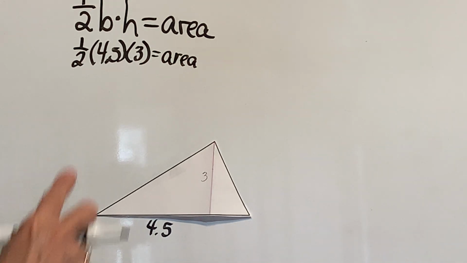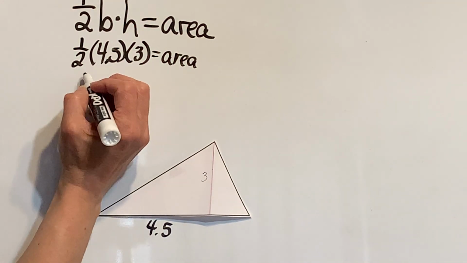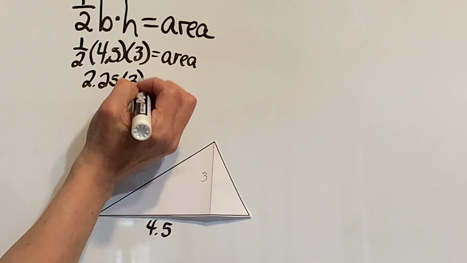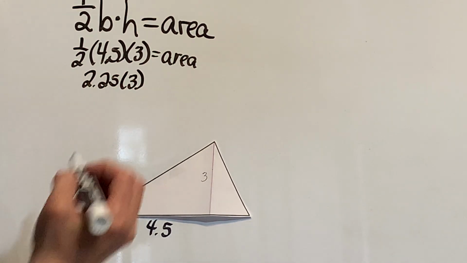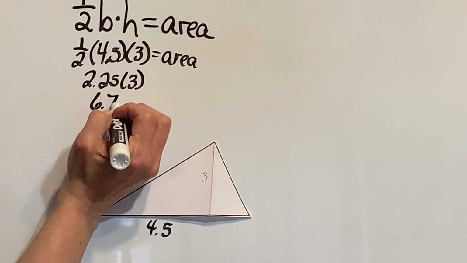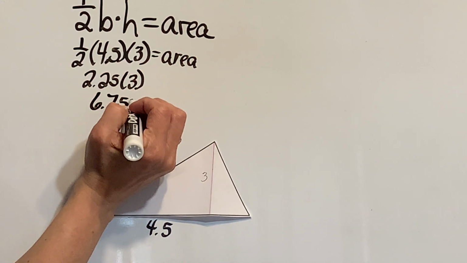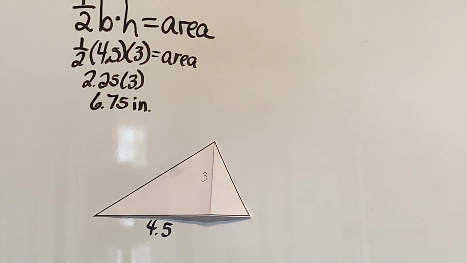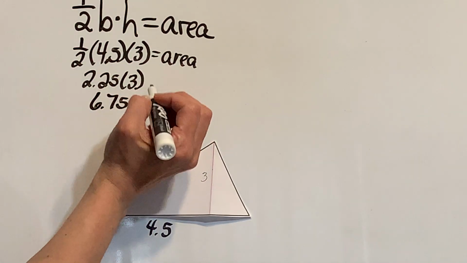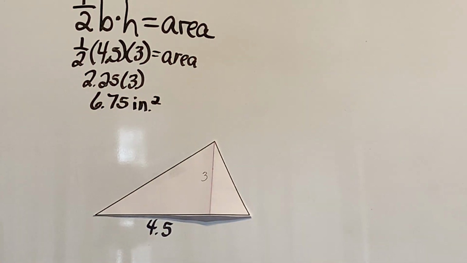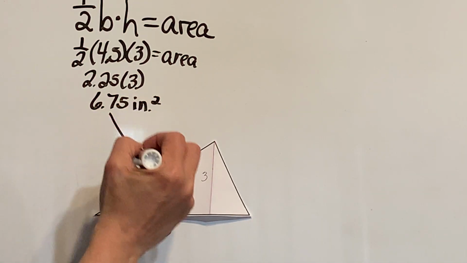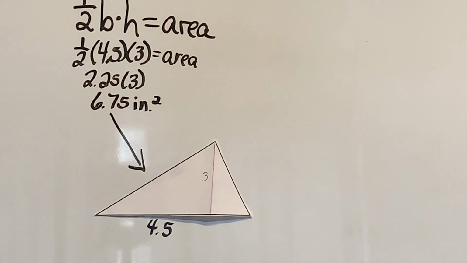So half of 4.5 would be 2.25 times 3, and that would give me 6.75. So 6.75, I know it's in inches, I measured in inches, and it's area, so it's inches squared. All right, so I have found the area of this first right triangle.